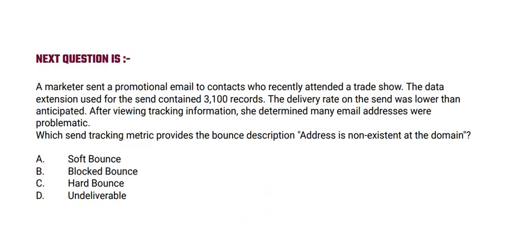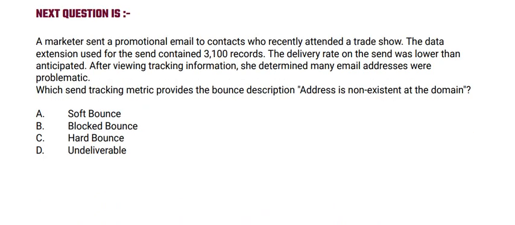Next question is, a marketer sent a promotional email to contacts who recently attended a trade show. The data extension used for the send contained 3,100 records. The delivery rate on the send was lower than anticipated. After viewing tracking information, the marketer determined many email addresses were problematic.